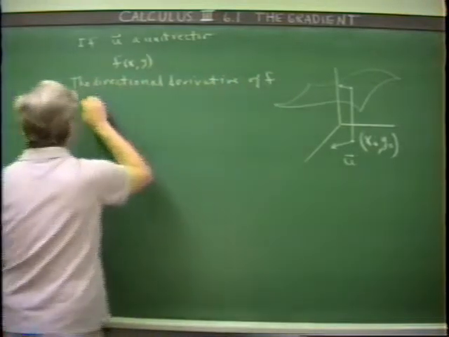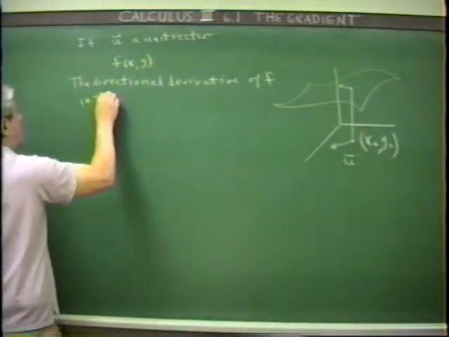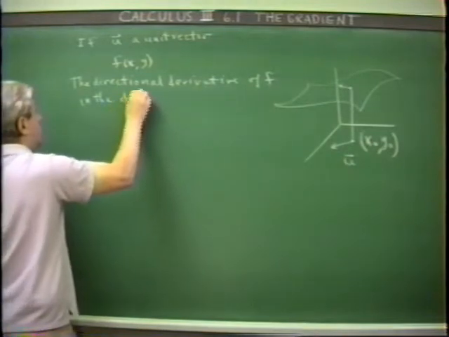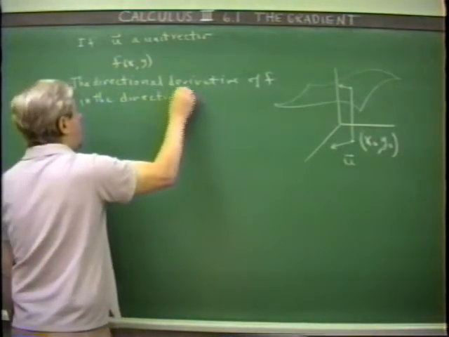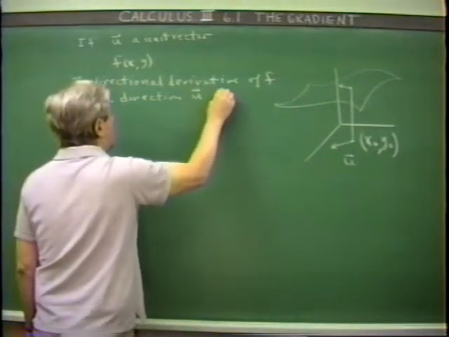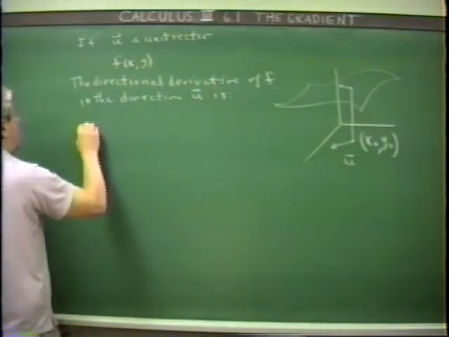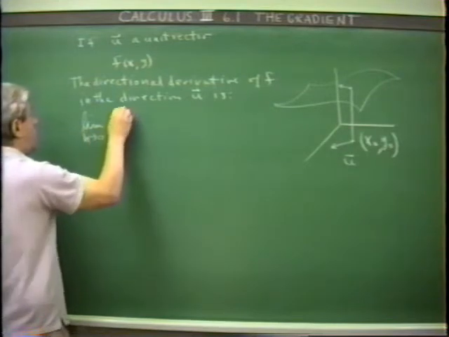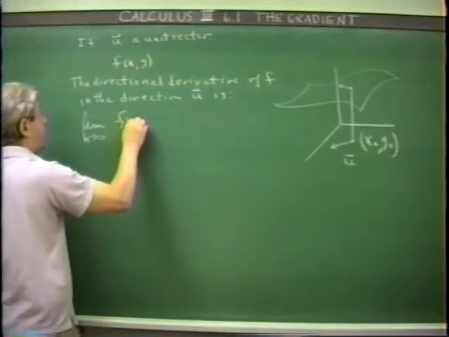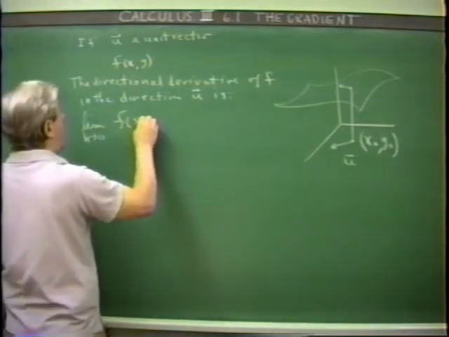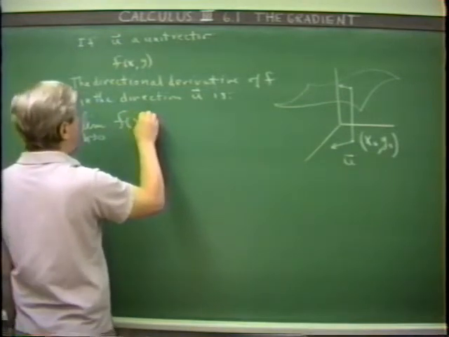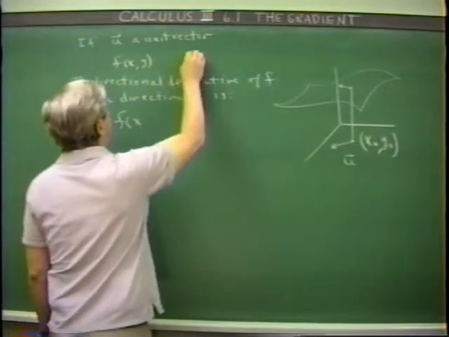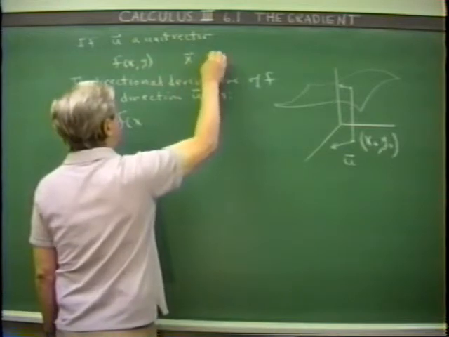So the directional derivative of f in the direction u is the limit as h approaches 0 of f of x, and here I'm going to use the vector x.